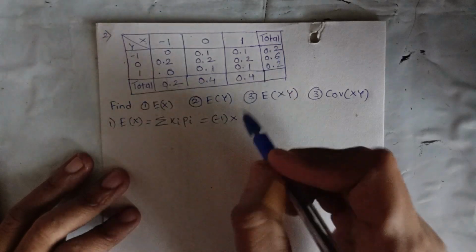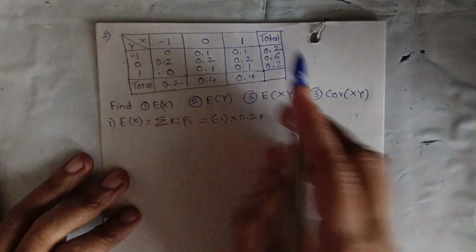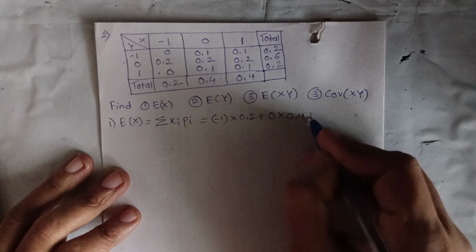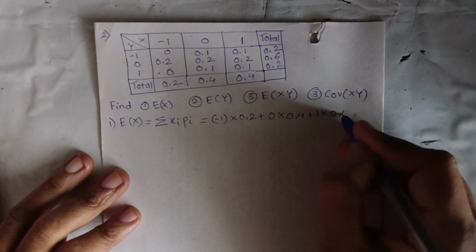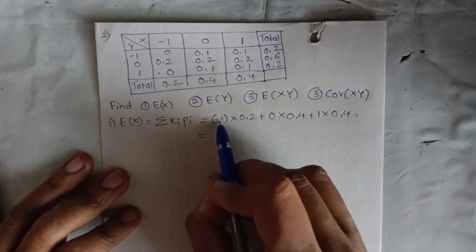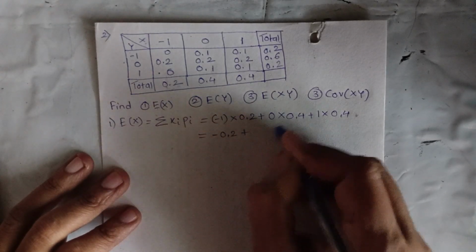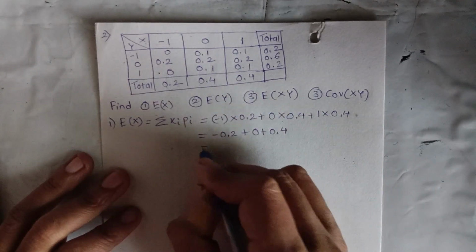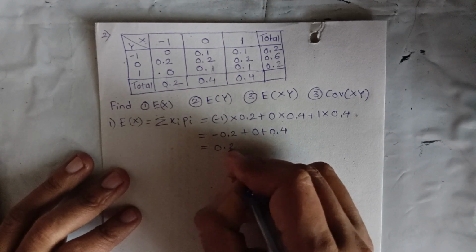Total probability you have to take. Plus 0 into 0.4, plus 1 into 0.4. So minus 1 into 0.2 is minus 0.2. This is 0 and this is 0.4. 0.4 minus 0.2 is 0.2.